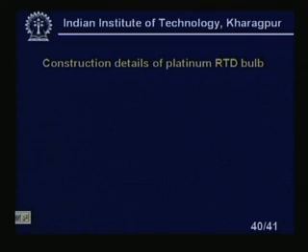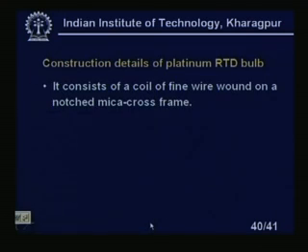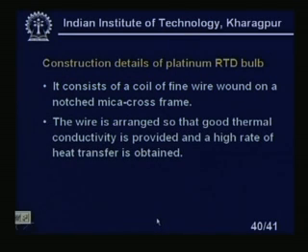Now, construction details of the platinum RTD bulb, you see here the construction details. It consists of a coil of fine wire wound on a notched mica cross frame. We will show that. The wire is arranged so that good thermal conductivity is provided and a high rate of heat transfer is obtained.